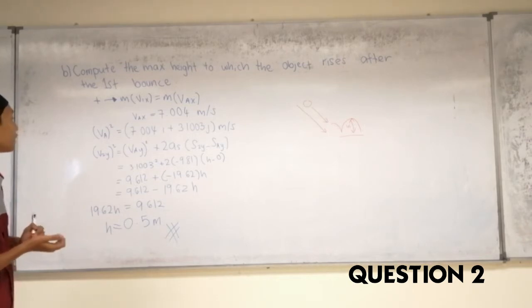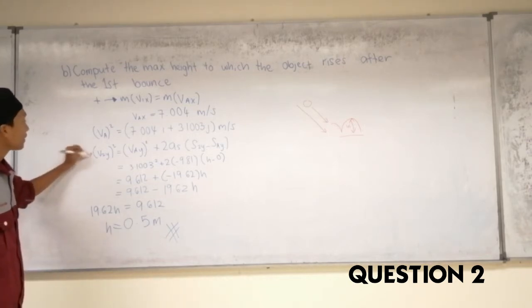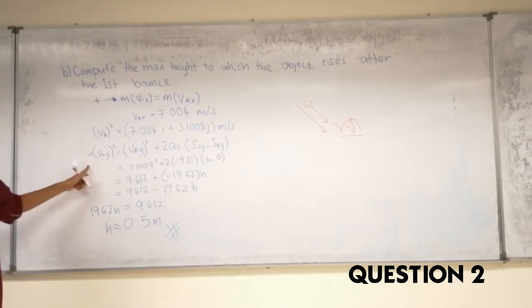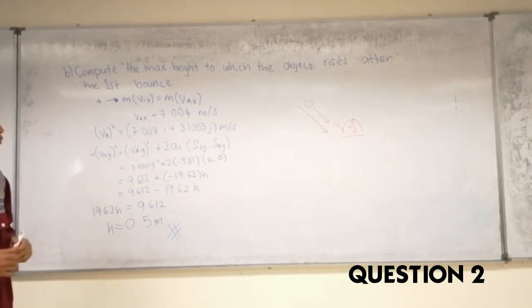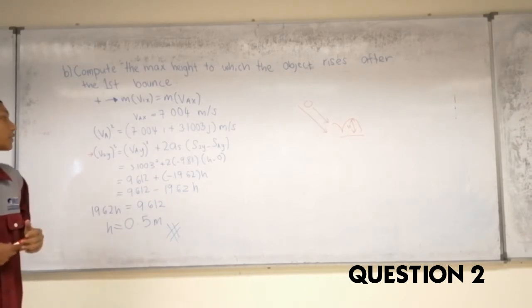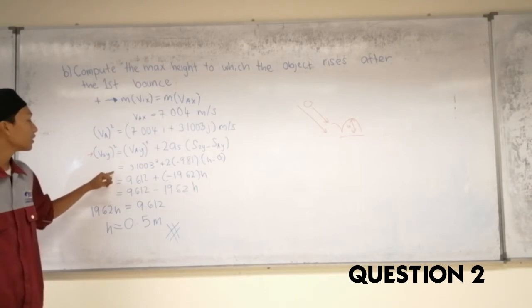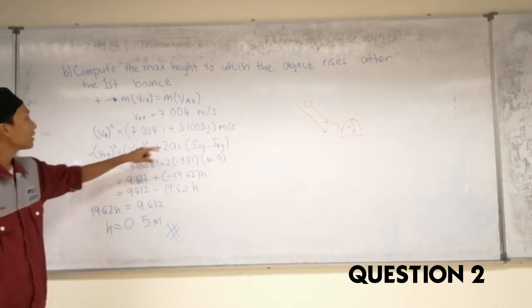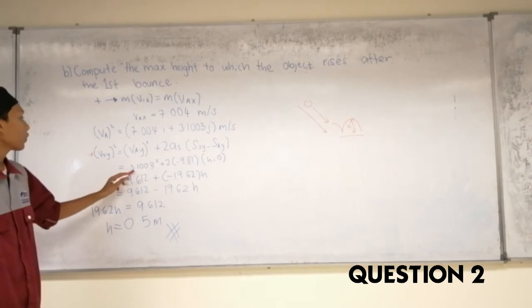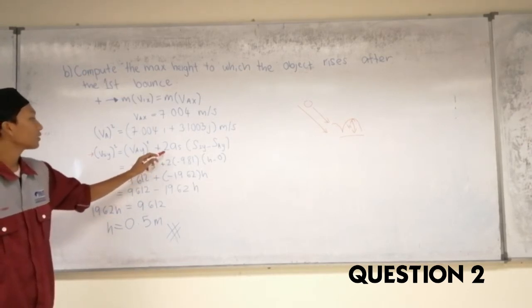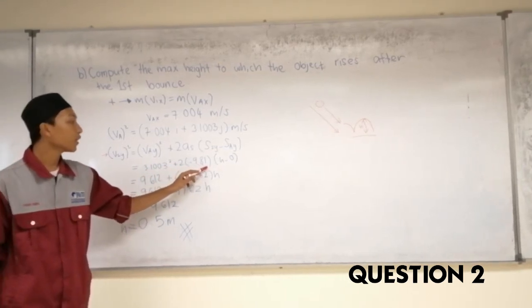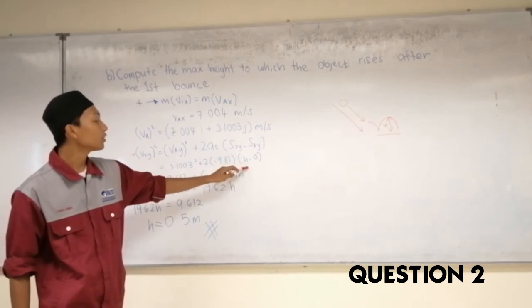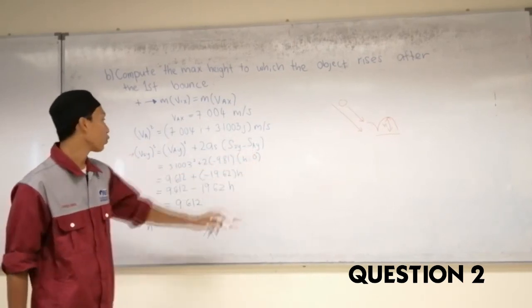Then we use this equation to get the answer: V2y squared equal to VAY squared plus 2a times S2y minus SAY, and we substitute the values. VAY we get from here, 3.1003 squared, plus 2a, so 2 times negative 9.81, and S2y equal to H minus SAY equal to 0.